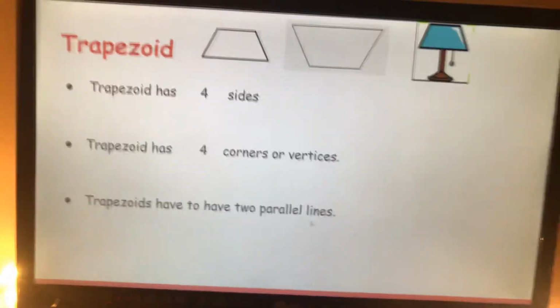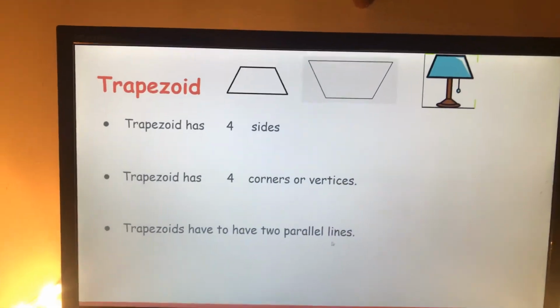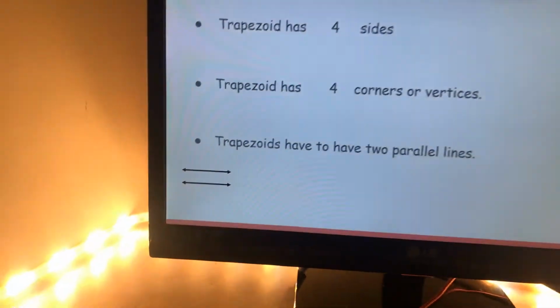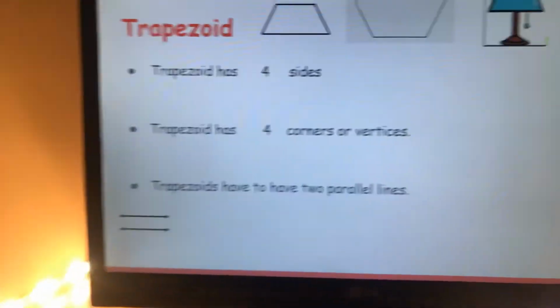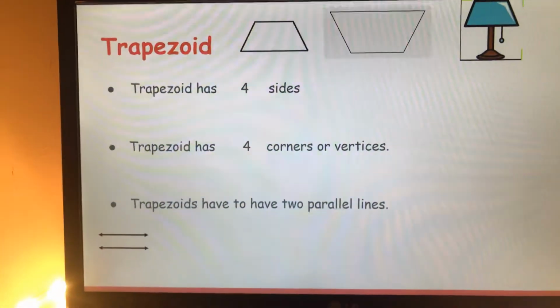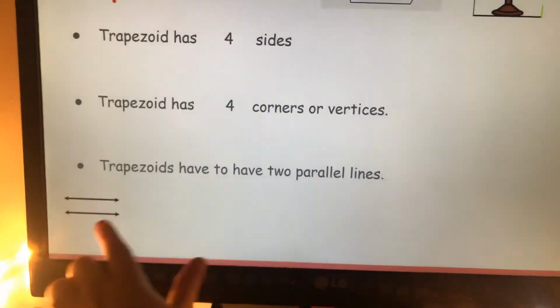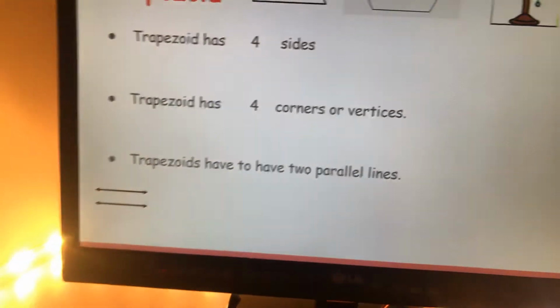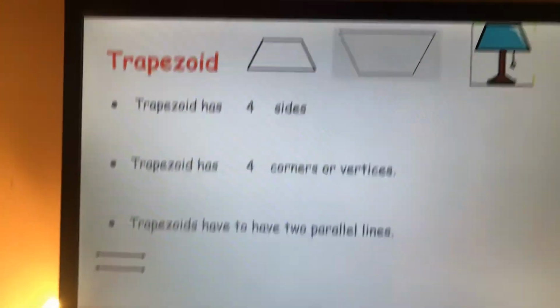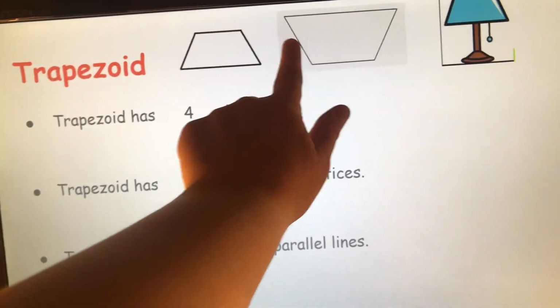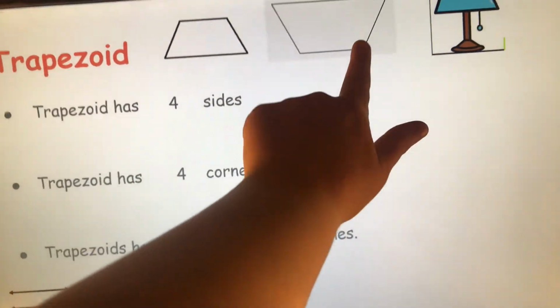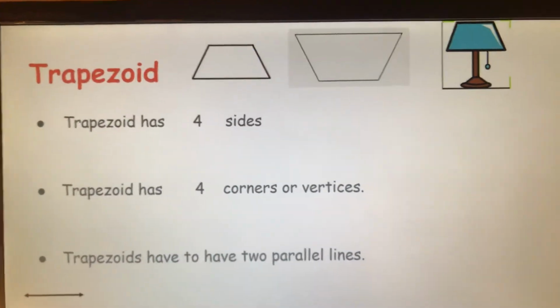What is a parallel line? Parallel line is like this. Lines that do not ever cross. So if these keep going forever straight, they keep going, they won't ever make an X. They won't ever cross each other. Like this, if I kept going like this, eventually they would cross.